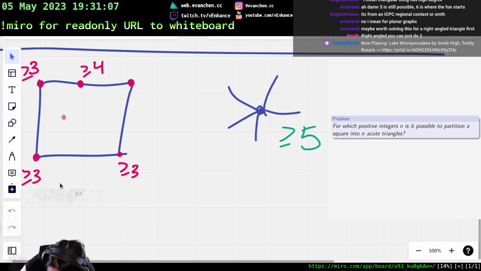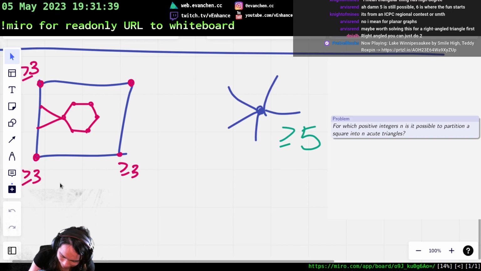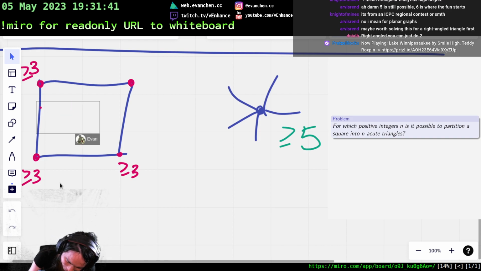I don't know, what is an example of a... Damn, yeah, it's hard to draw even one example, I think.